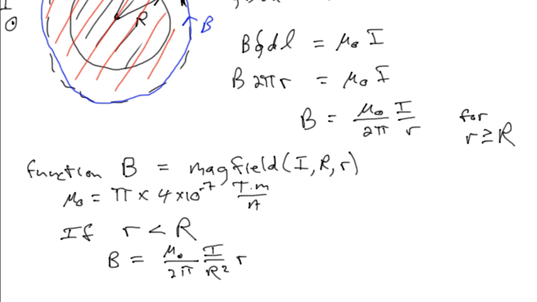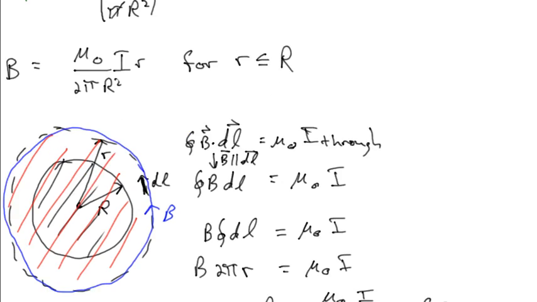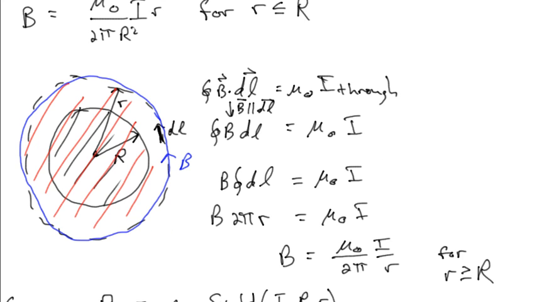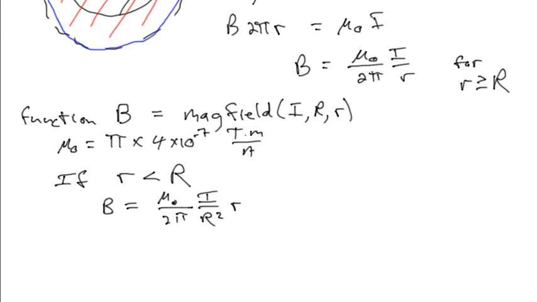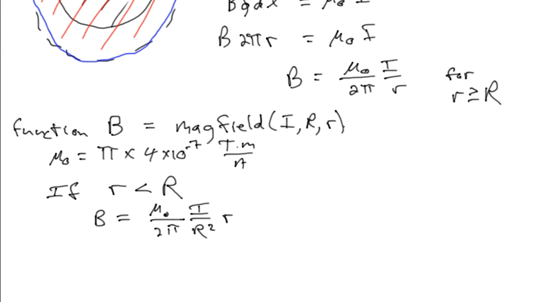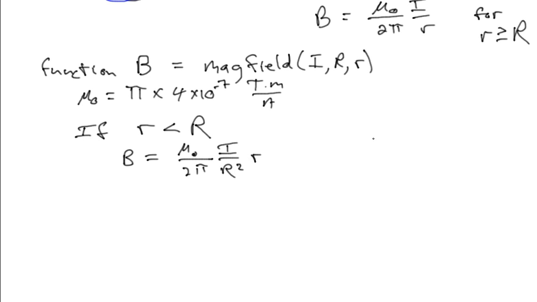And make sure I have that right. Mu 0 over 2 pi capital R squared, then times I r. Okay. Else B equals mu 0, it's this one right here, over 2 pi, I over little r.